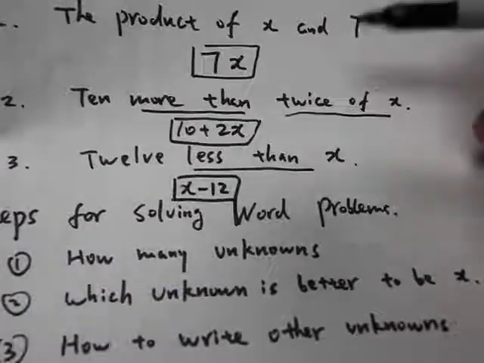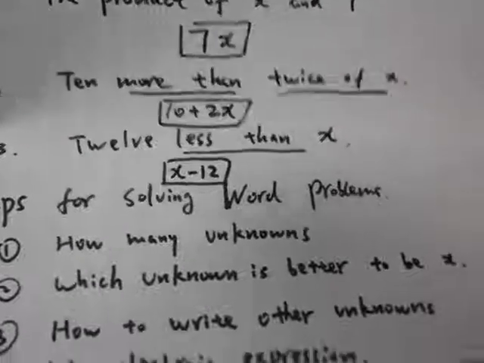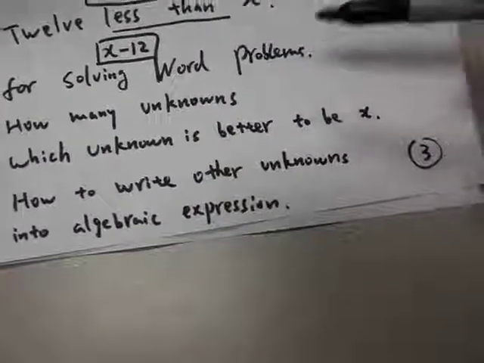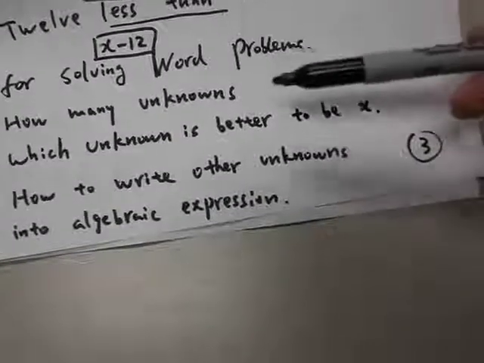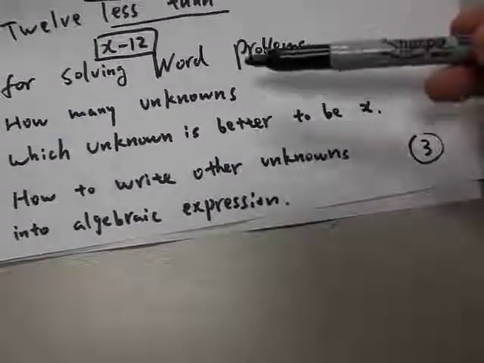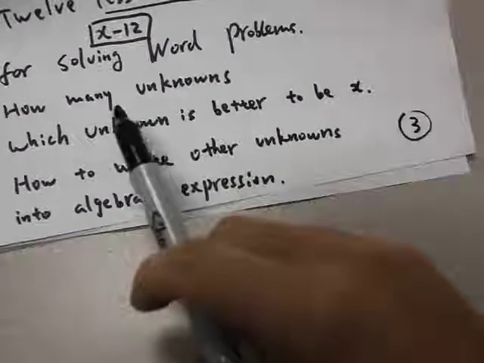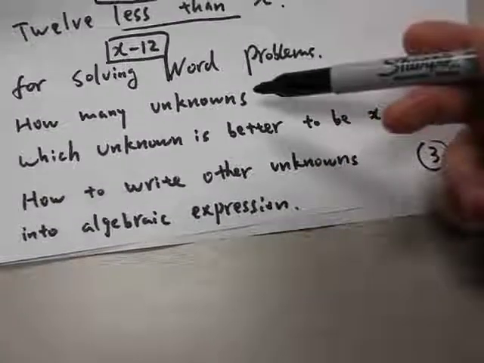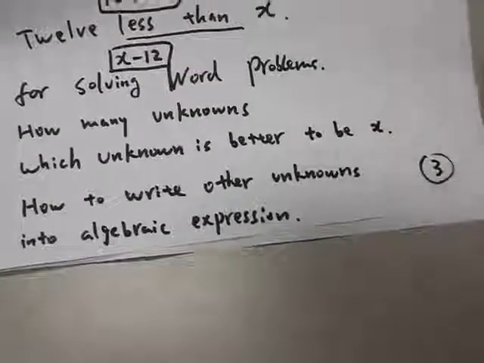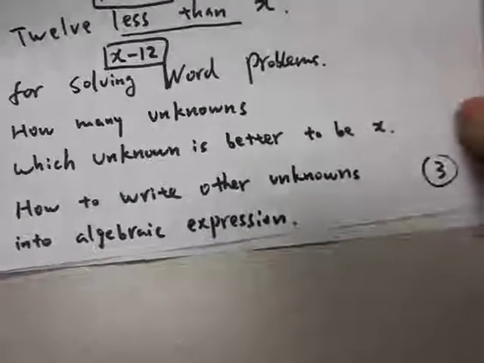Now, once we know how to use indicating words to write algebraic expressions, then when we are solving a word problem, we usually have to finish these 3 tasks. The first task is to determine the number of unknowns in this problem, like what we are asked to determine in the problem.